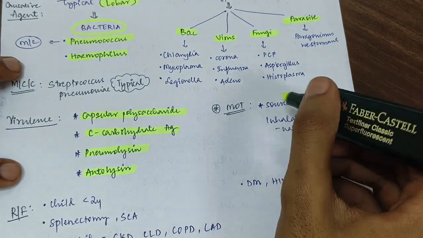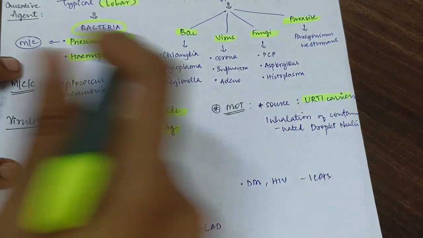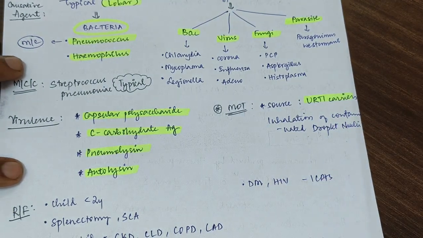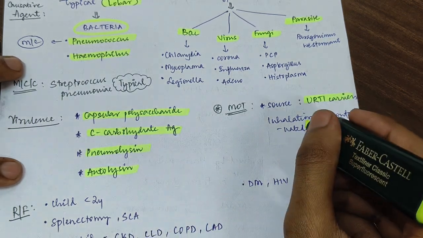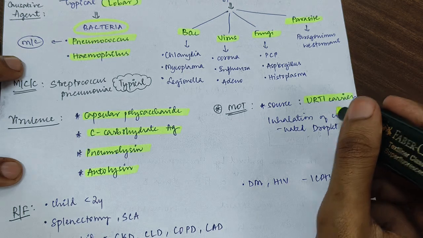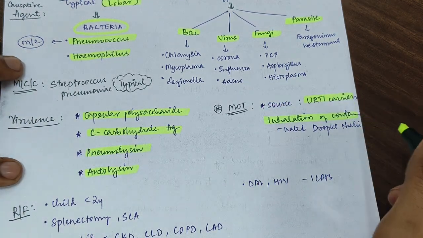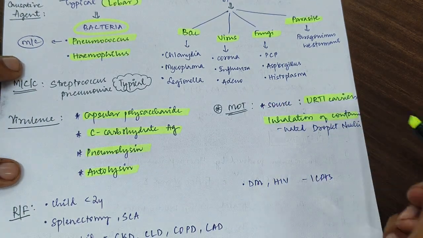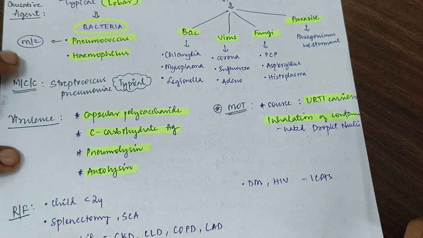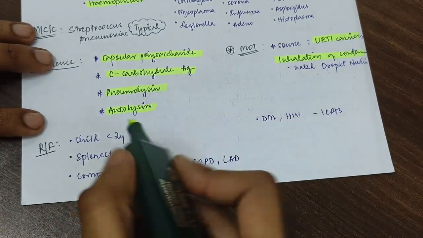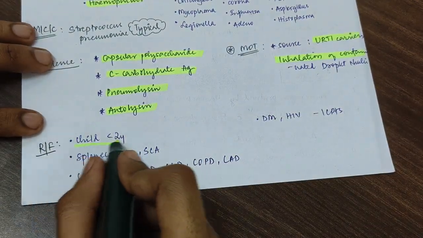Coming to the mode of transmission, most commonly it is the upper respiratory tract carriers. Then inhalation of the contaminated droplet nuclei. Coming to the risk factors, child less than 2 years.